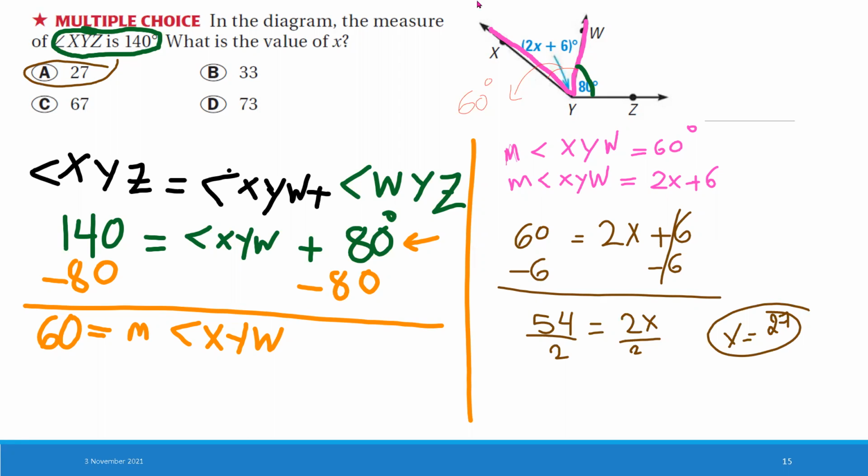Now from here, XYW is 2x plus 6. It's given from the question. What is the measure of the angle XYW?